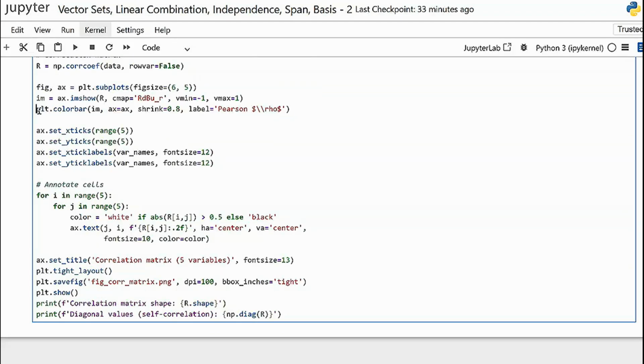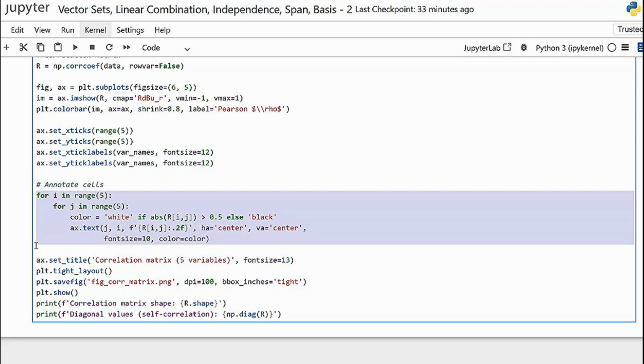A color bar is added to interpret the values visually. Here we have defined the tick positions for both axes, and we label rows and columns with variable names also.